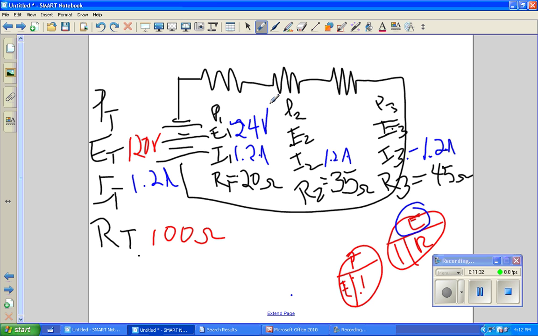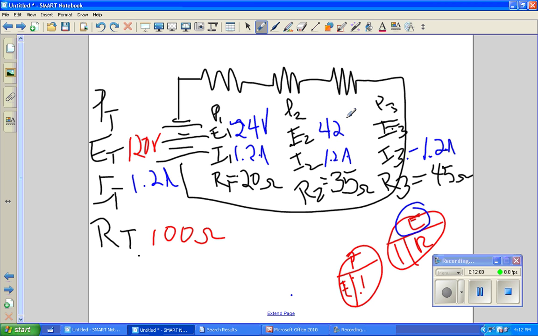Okay, so we can do the same thing, and we can go 1.2 times 35. 42. Now, I want to point out one of the advantages of having the TI-30X IIS instead of the A. You see the calculator arrows?